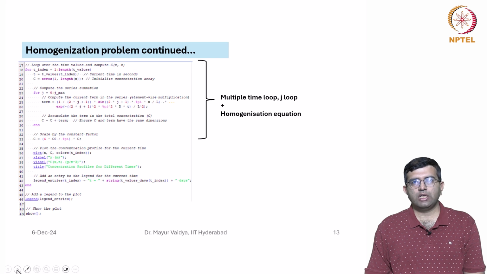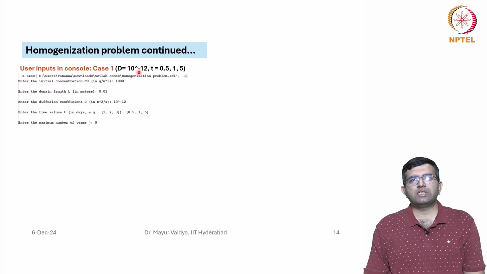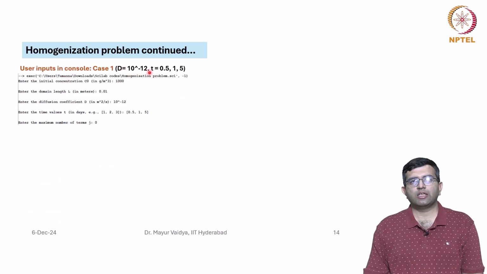Now, you see what happens once you save and execute. So, once I run, then the case 1, let us say I put d is equal to 10 to the power minus 12 and t as 0.1, 0.5, 1 and 5, and I enter the domain length as 0.01 meters here. Time values are these, and the maximum number of terms j is equal to 0.